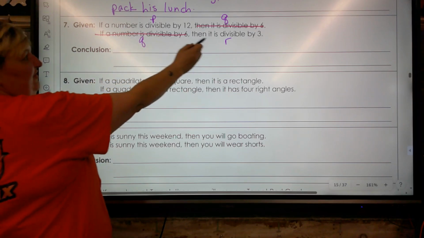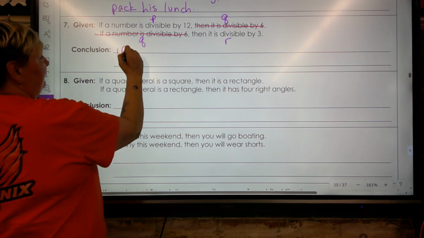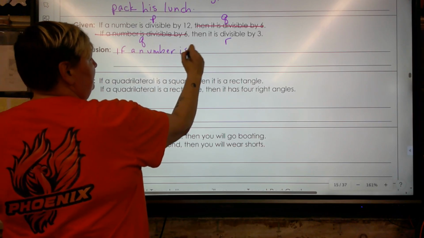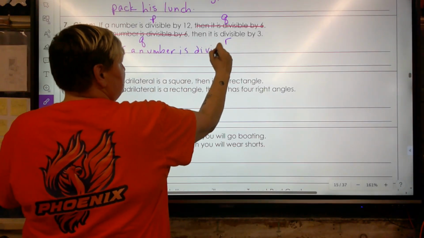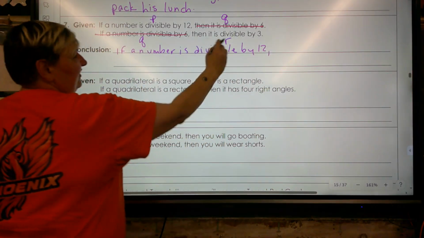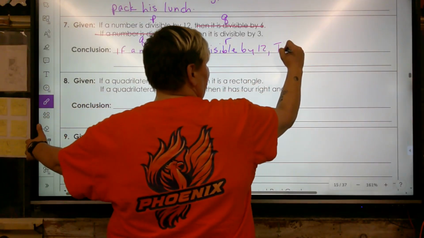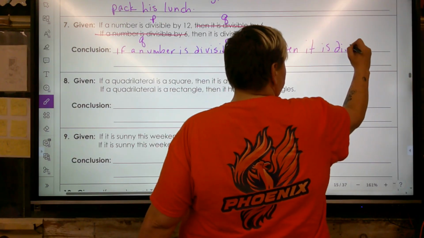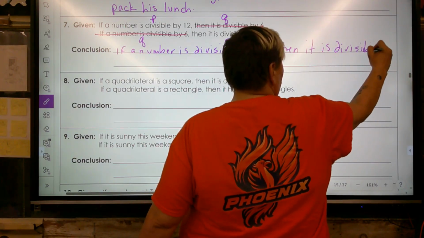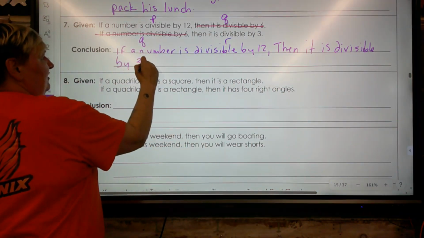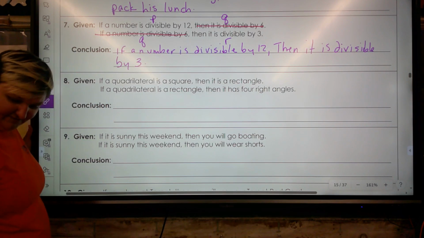You can go if P then R. If a number is divisible by 12, then it is divisible by 3. That's the law of syllogism.